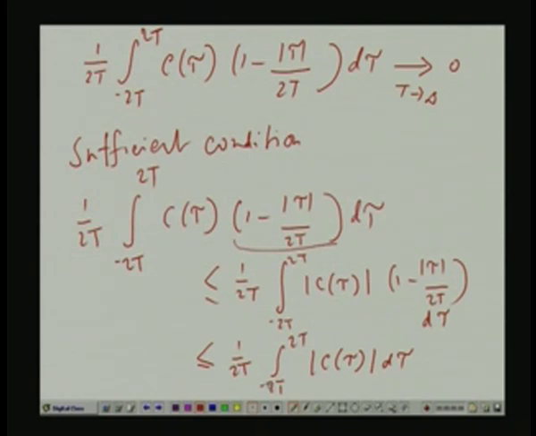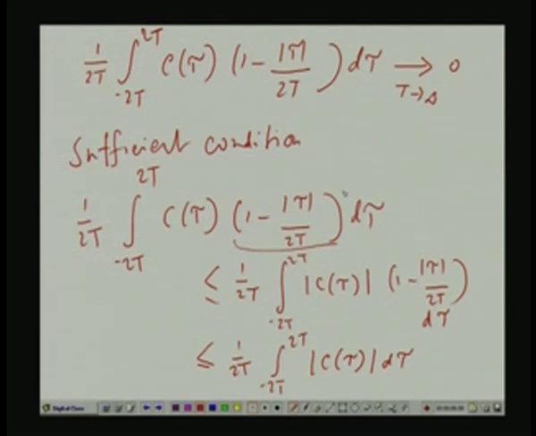Okay. Remember one thing, that the left hand side is less than or equal to this right hand side. So, if the right hand side tends to 0 as T tends to infinity, what happens to the left hand side? You remember we started with a variance function. So, it is lower bounded by 0, this is important, it can never be negative. But it is upper bounded by a function which is becoming 0.